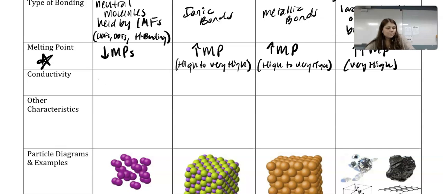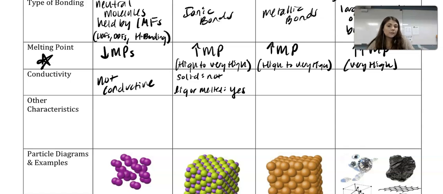Conductivity. Molecular is not conductive. Ionic, as a solid, they're not conductive, but if it's a liquid or melted, yes, it is conductive. Metallic, it is conductive, and then covalent networks are actually not conductive as well. Any other characteristics to just kind of put things together?